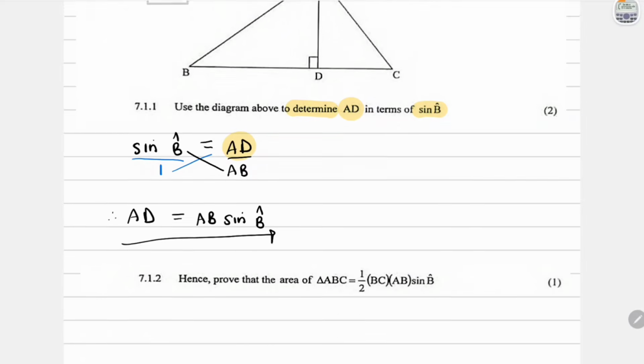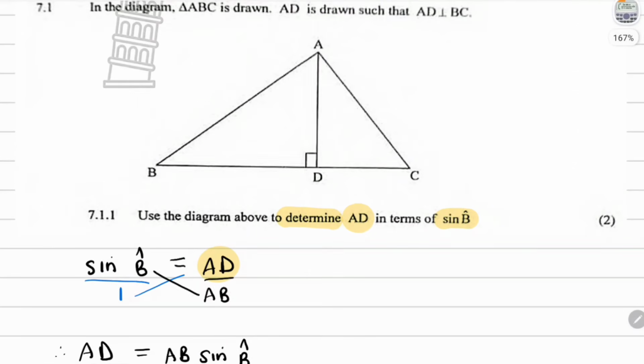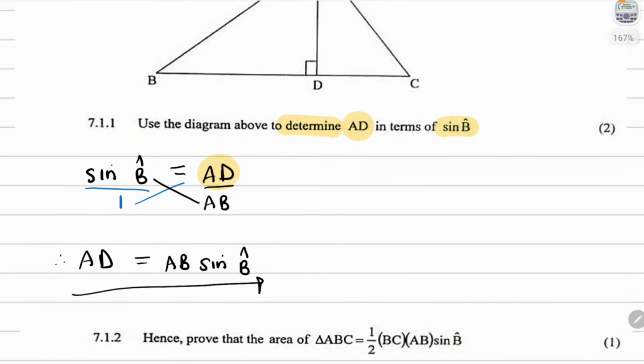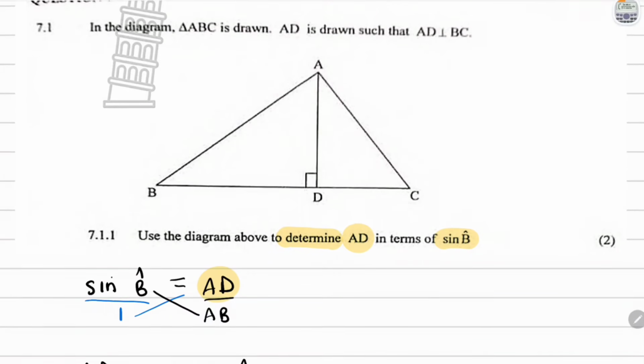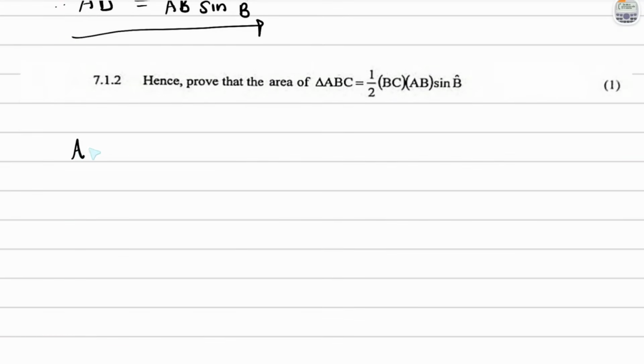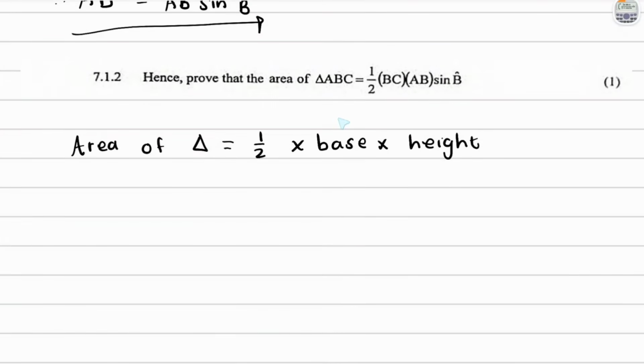Oh, okay. So I see they're really just asking us to use what we had used here. If this is a perpendicular height, AD, which is what we just found, how would you find the area of a triangle? Area of a triangle is naturally going to be equal to a half multiplied by the base multiplied by the height. I guess this is the proof of the area rule, the one without the perpendicular height.